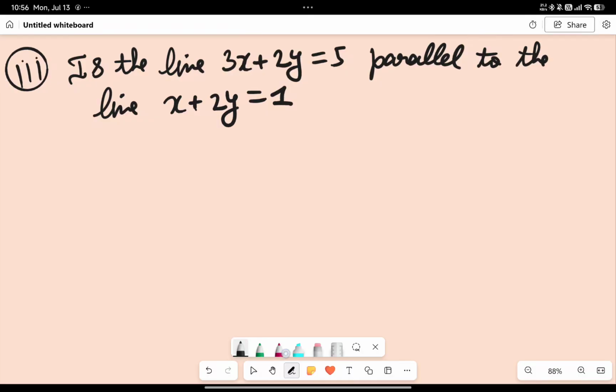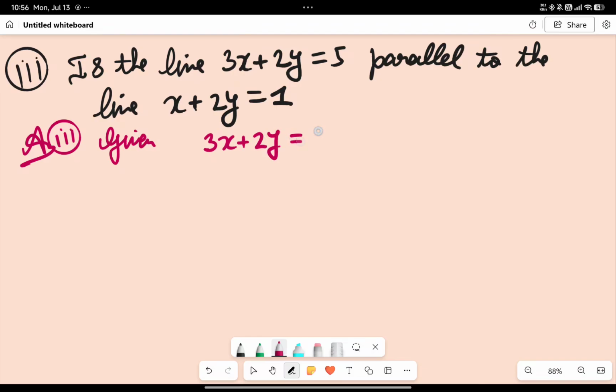Okay, so third part, given 3x plus 2y equal to 5.